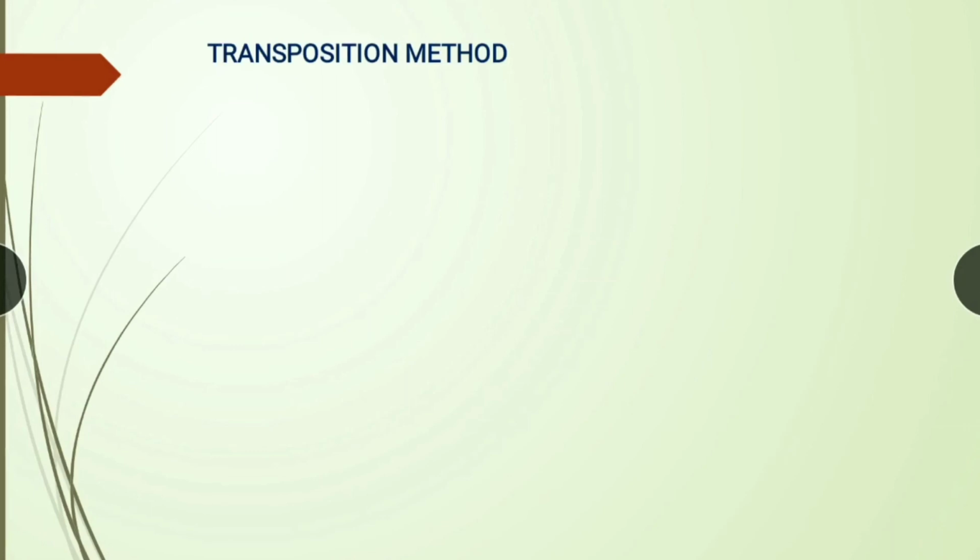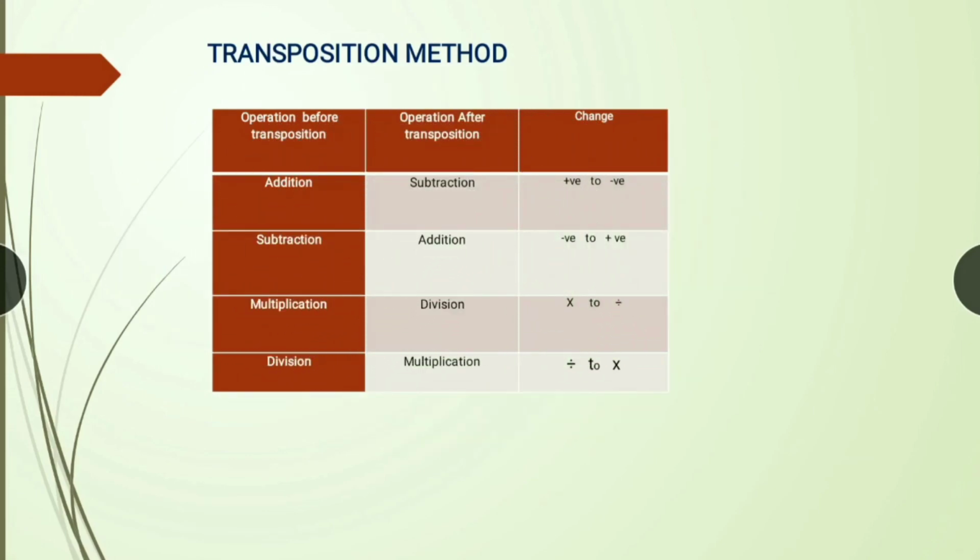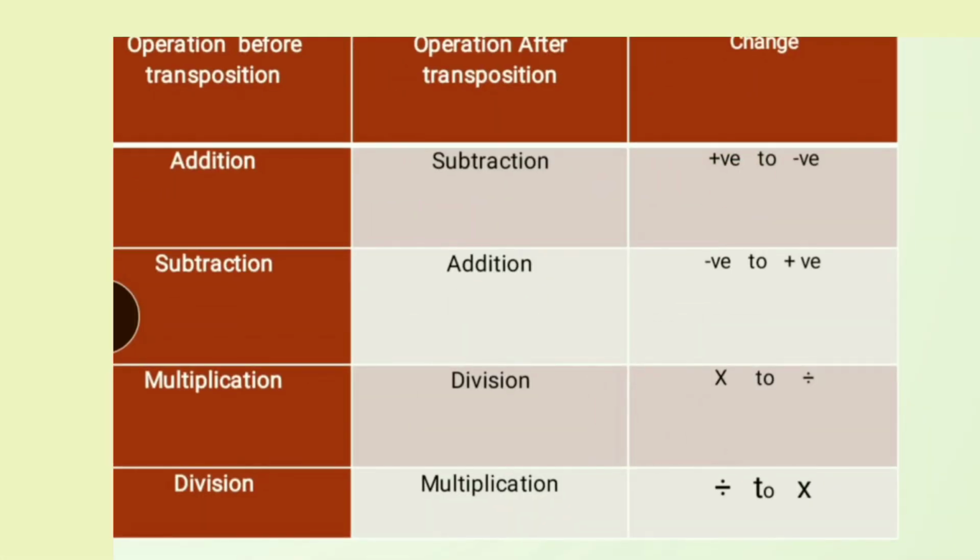Okay. Now let's know how to solve linear equations using transposition method. Now in transposition method, we can take any term of an equation to the other side with a change in its sign. Understood? So what is transposition? Any term of an equation may be taken to the other side with a change in its sign. This process is called transposition. Now see here, we have a table. Suppose we are taking any term which is having addition sign or positive sign.